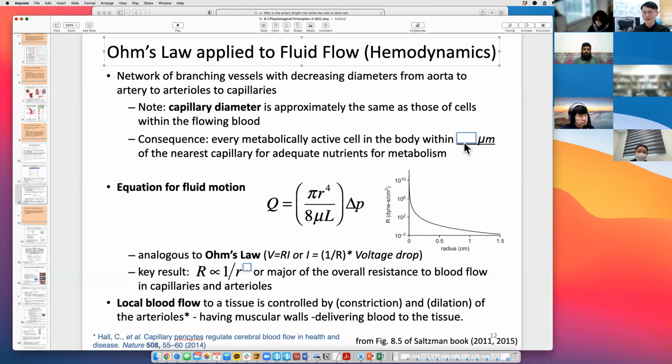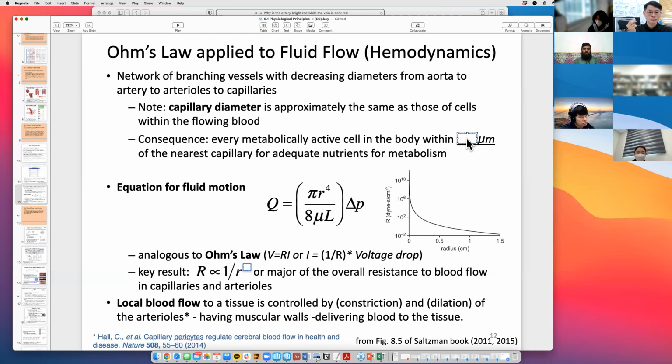Can you guess what would be the necessary distance? 100 micrometers. Very good. This is an easy number to remember. It's 0.1 millimeter. So your active cells have to be within 100 microns. You can ask how accurate this number is, and I can answer, not very.